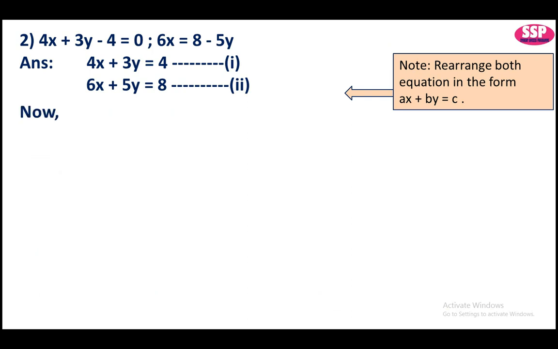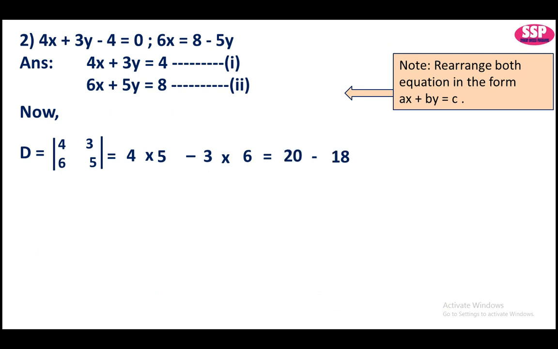Now, we have to find out three determinants d, dx and dy. Let's start with first determinant. D is equal to, take the coefficient of x and y from both equation and write them like this, and finding the value of this determinant, we get 4 into 5 minus 3 into 6 is equal to 4 5s are 20 minus 18 is equal to 2.